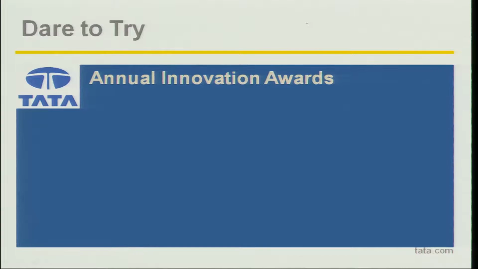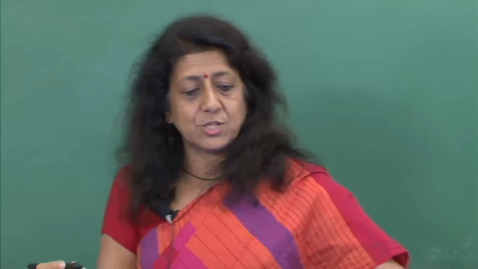Tata has an annual innovation award, right? They've introduced this over the last several years in order to recognize people who are trying to come up with new ideas, new innovations, as a way to inspire others, as a way to create an impetus for more innovation in the organization.